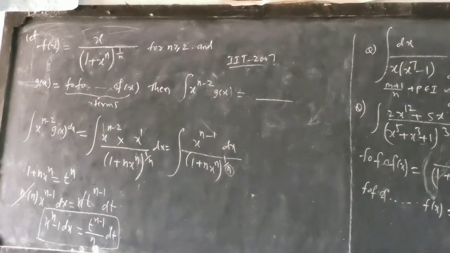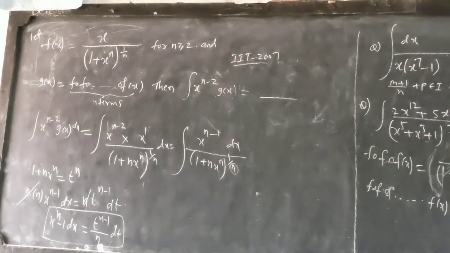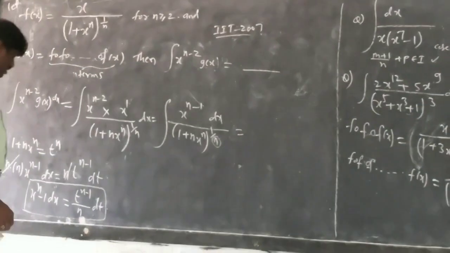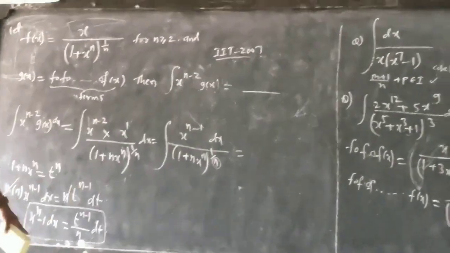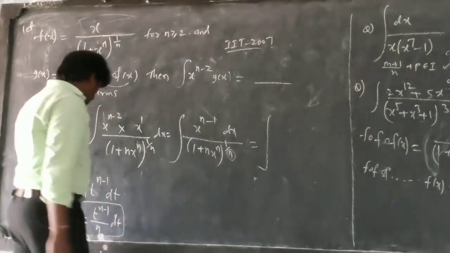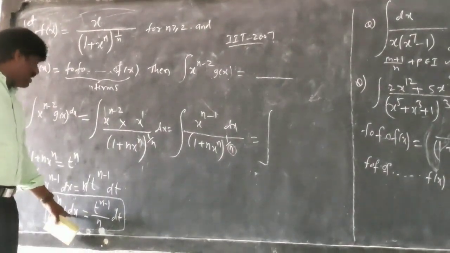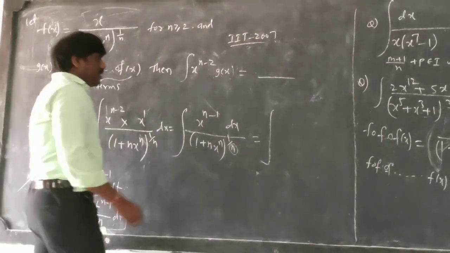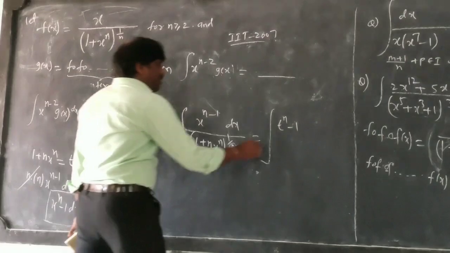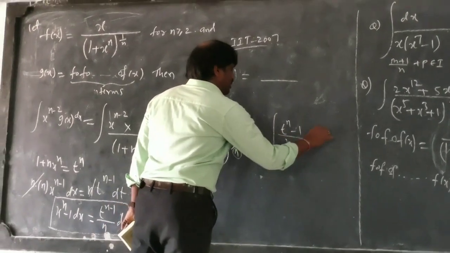So finally, what I can write here now, this question becomes true. The integral of x^(n-1) dx, I can write as t^(n-1) upon n dt.